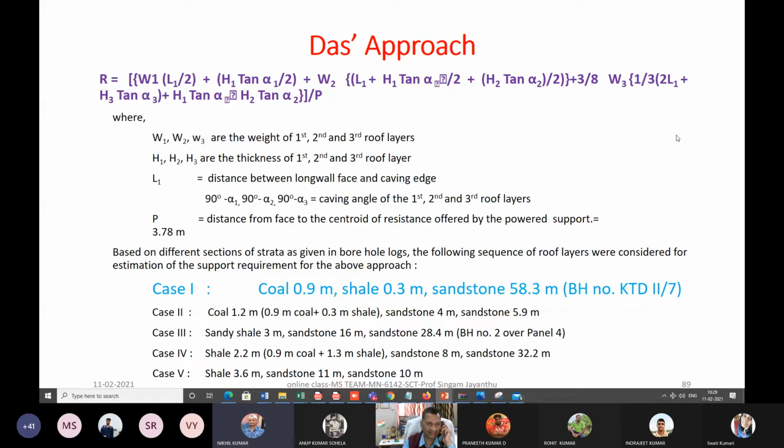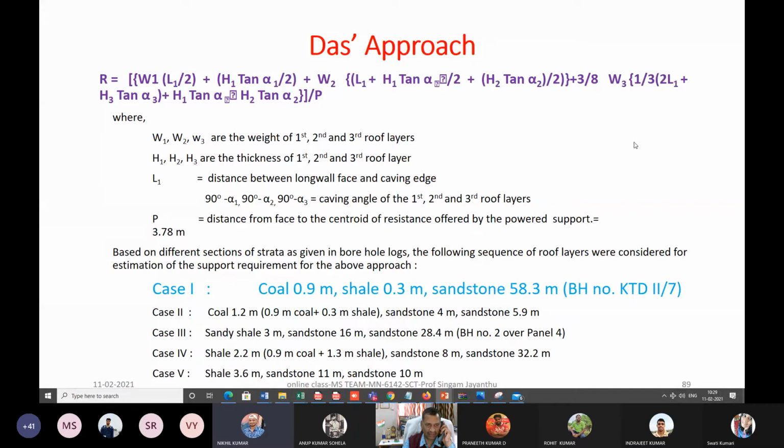In the given equation, W1, W2, W3 are the weights of the first, second, and third roof layers. H1, H2, H3 are the thicknesses of the first, second, and third roof layers. L1 is the distance between the longwall face and the caving edge. 90 degree minus alpha 1, 90 degree minus alpha 2, 90 degree minus alpha 3 are the caving angles of the first, second, and third roof layers.